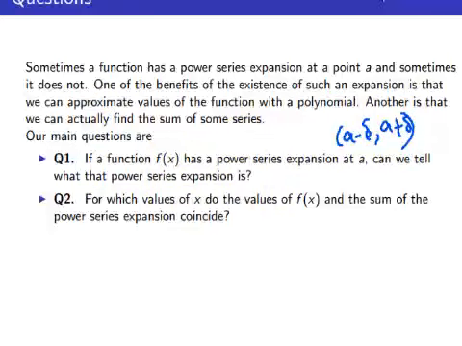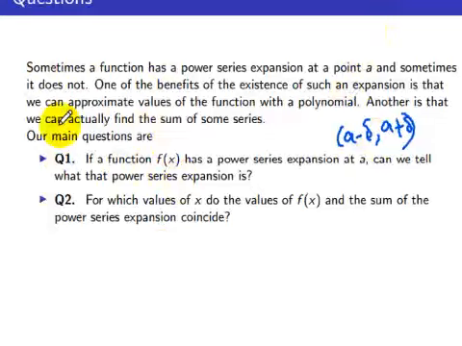Let's see how we find the Taylor series for an infinitely differentiable function, right? Sometimes a function has a power series expansion at a point a, and sometimes it doesn't.